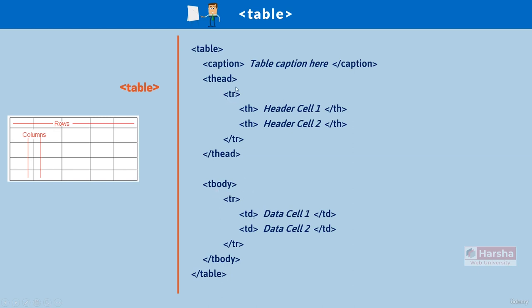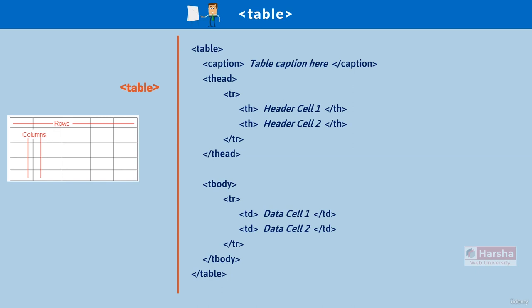Whereas this is the beginning point of the tr and this is the ending point of the tr. The th tag represents a header cell and the td tag represents a normal data cell. You can place any type of information in the th or td tags.